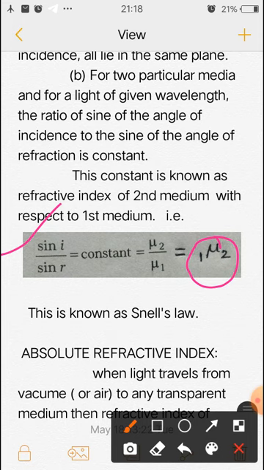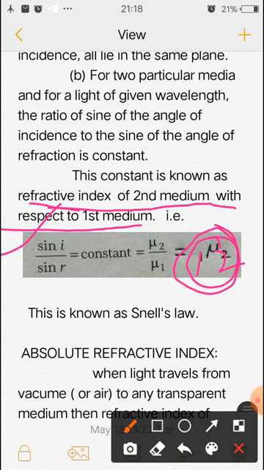This means mu is the refractive index, and 1 and 2 represent the refractive index of the second medium with respect to the first medium. So you should memorize this notation.